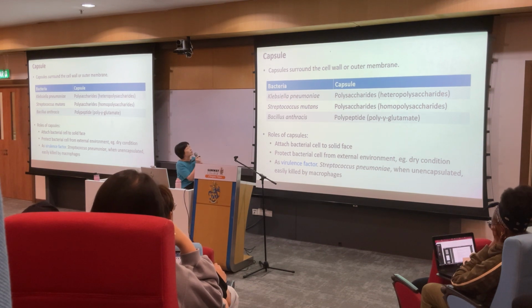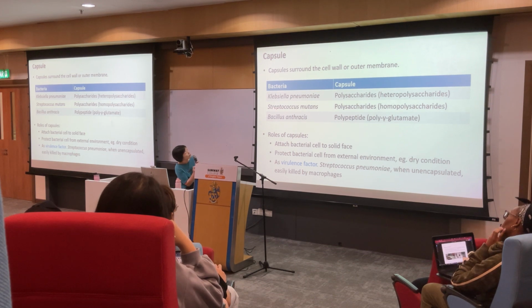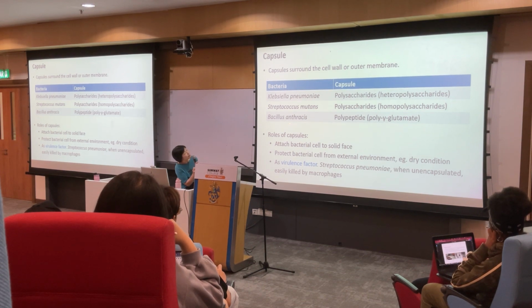There are three examples of bacteria that may have capsules: Bacillus anthracis, Streptococcus mutans, and Klebsiella pneumoniae. The capsules of the first two are polysaccharide, meaning a lot of carbohydrate.